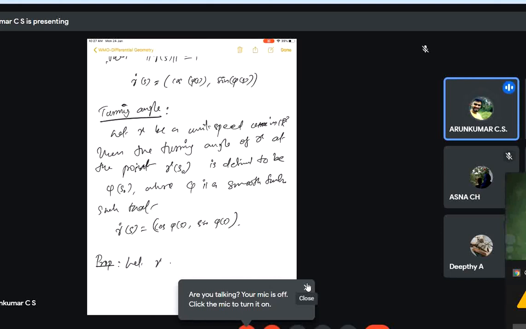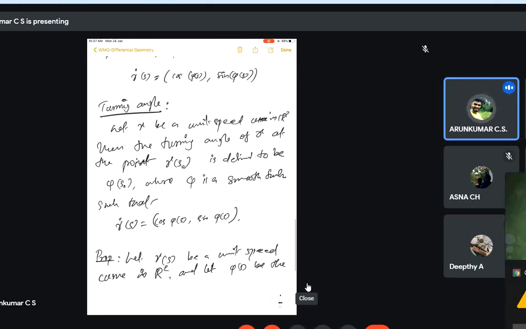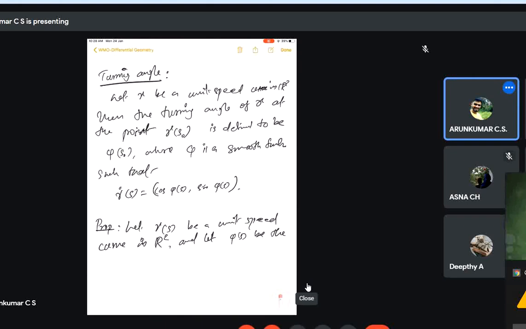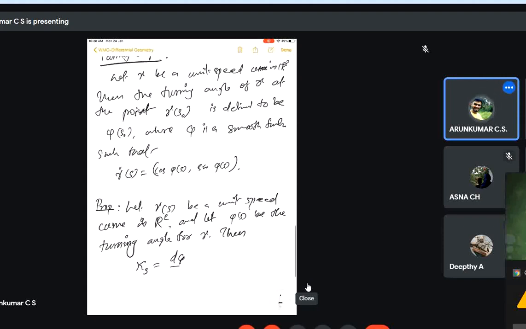Okay, so let gamma of s be a unit speed plane curve and let phi of s be the turning angle for gamma, then curvature is equal to phi dot. Okay.